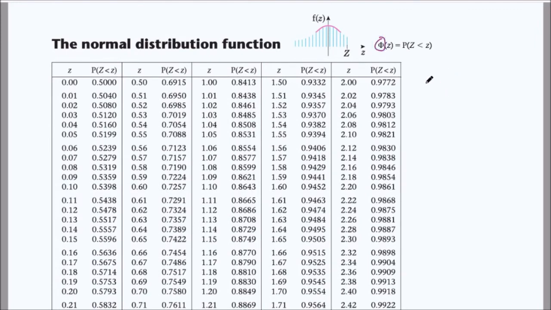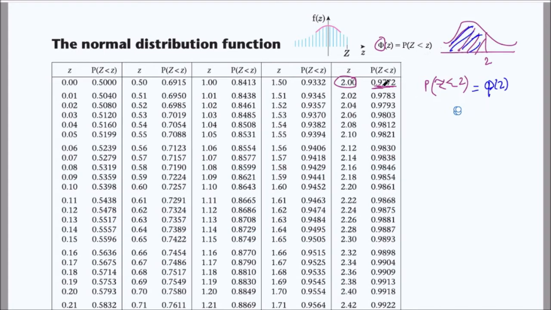So suppose I'm talking about z less than 2, it means I'm taking this area, right? The value of that is 0.9772, but you can also represent it as phi of 2. Phi of 2 means this area less than 2.